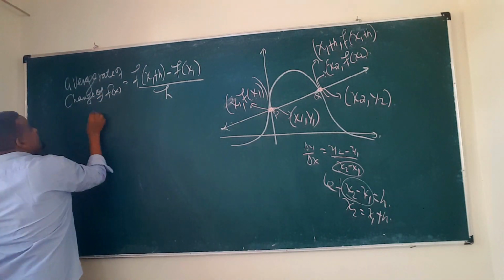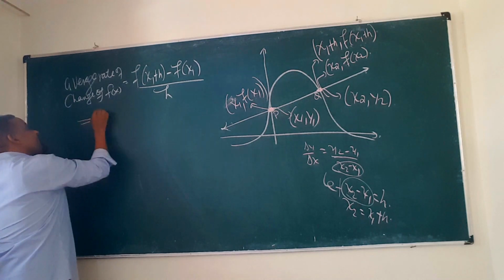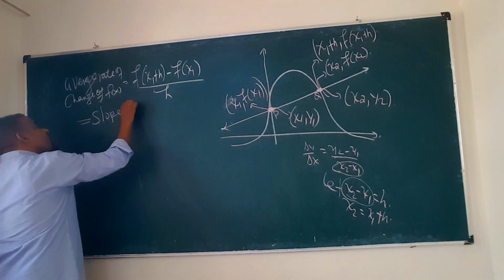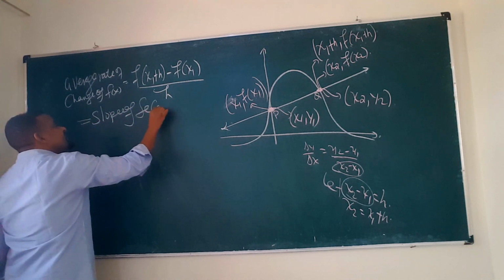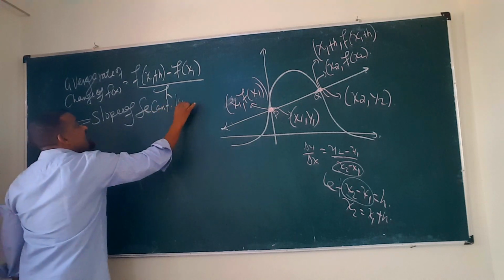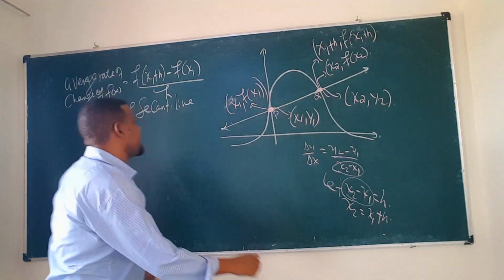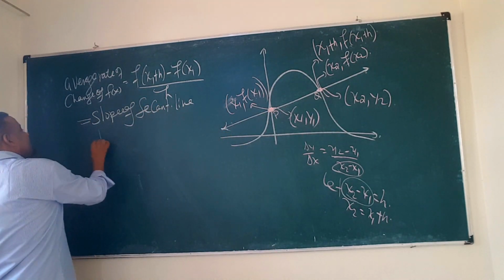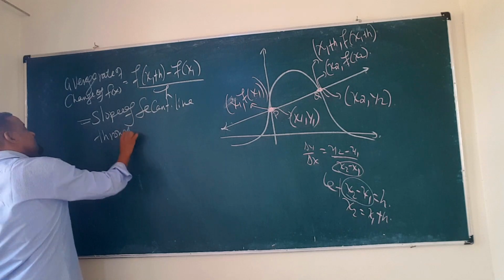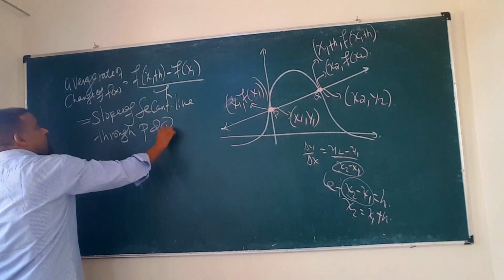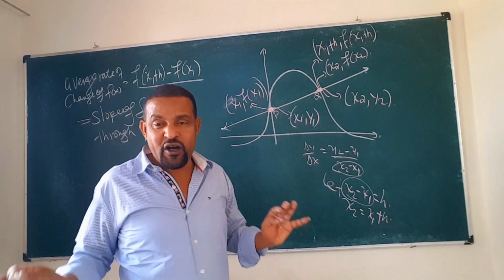This is the slope of the secant line passing through P and Q. This is a concept we have discussed.